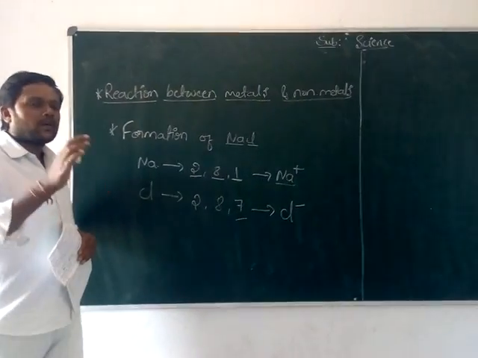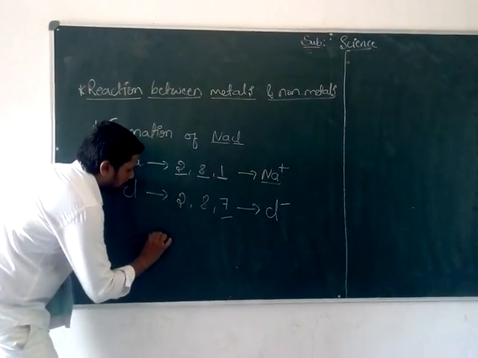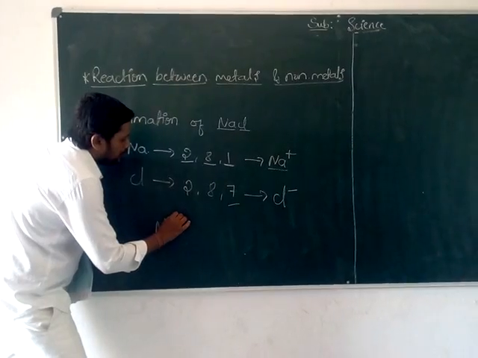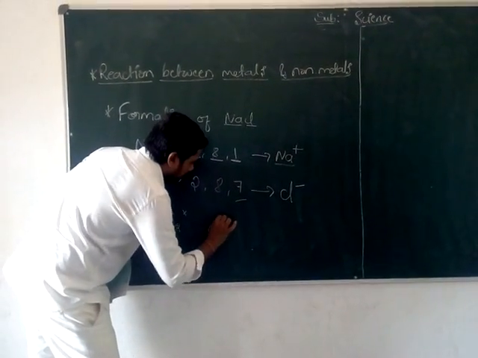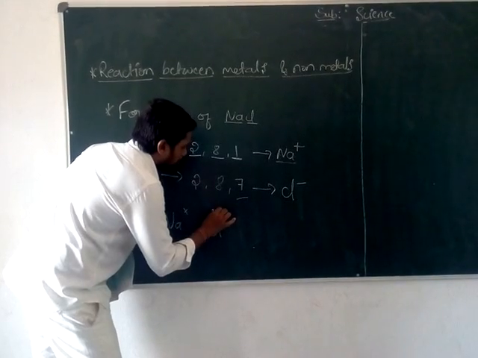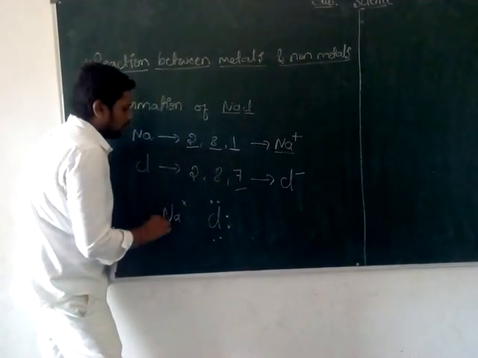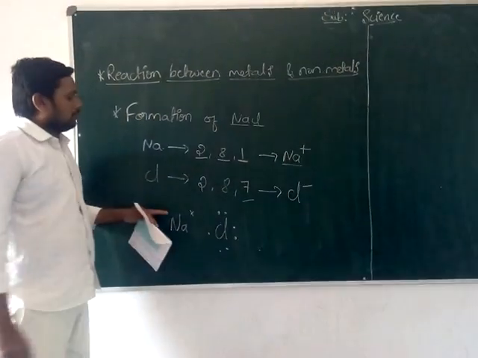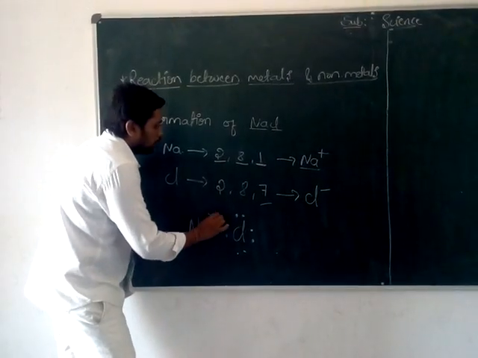When the sodium combines with the chlorine, the sodium's outermost shell has only 1 electron and the chlorine has 7 electrons in the outermost shell. This sodium electron is donated to the chlorine.